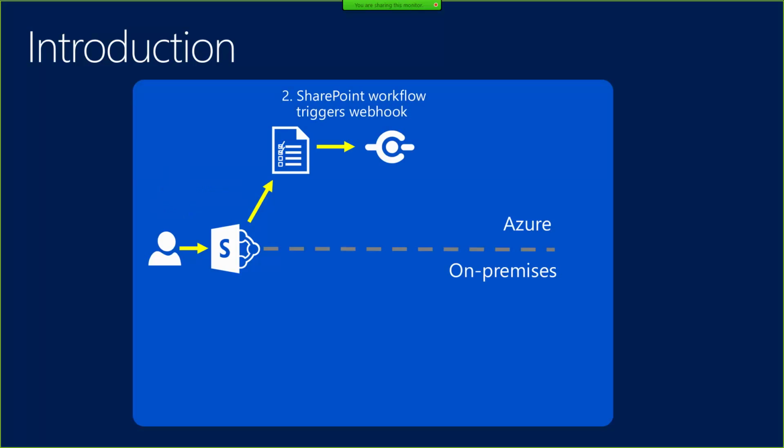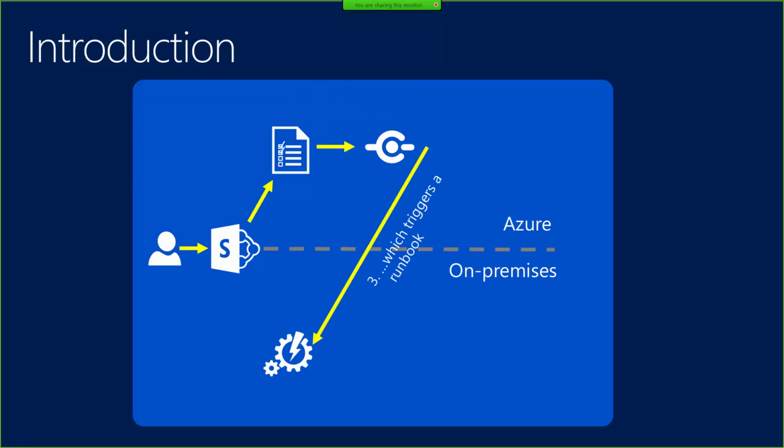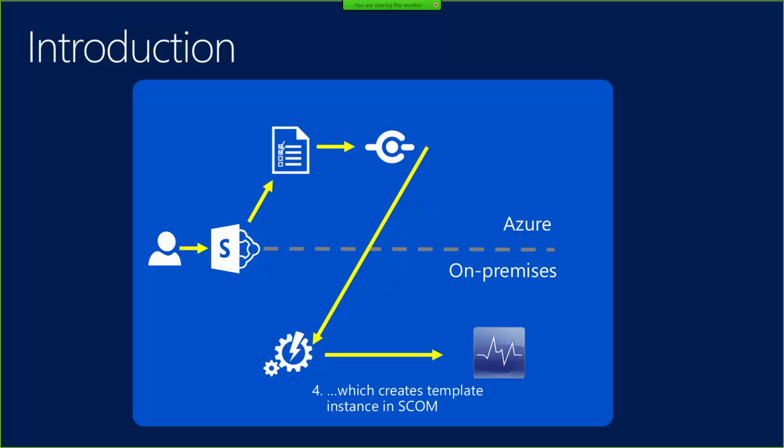And then a SharePoint workflow that's linked to this SharePoint list will trigger a webhook. This webhook will trigger an Azure Automation runbook. This runbook will run on your hybrid worker in your on-prem environment, which will create a template instance in SCOM.